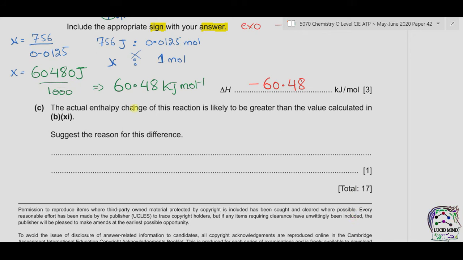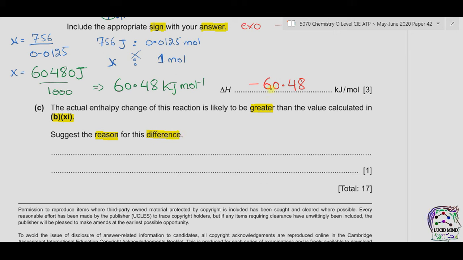Part C: The actual enthalpy change of this reaction is likely to be greater than the value calculated in B part 11, which is this one. Suggest the reason for this difference. In this experiment we have used a glass beaker, which is not a good insulator, and also it was open, so there is a chance of heat loss to the surroundings.